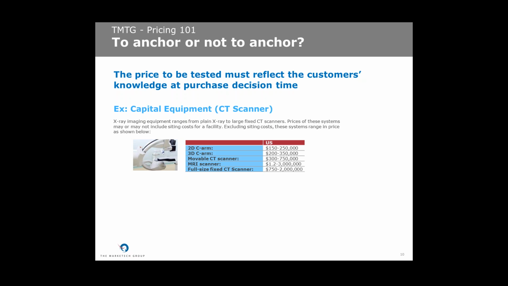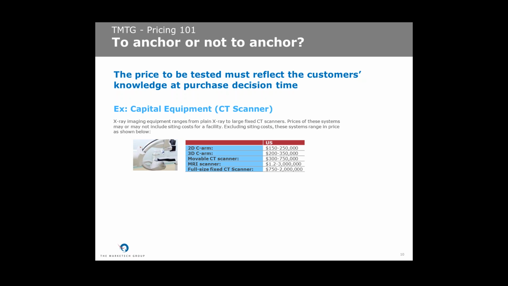So an example would be to help ground the respondents and anchor them by giving them the knowledge they'll have when they make a decision about your product. So for example, for a CT scanner, you could give them the prices of these systems. And again, you've described your offering to them.